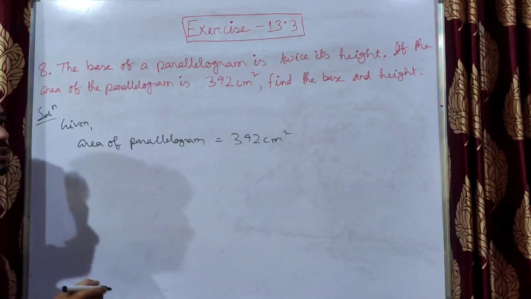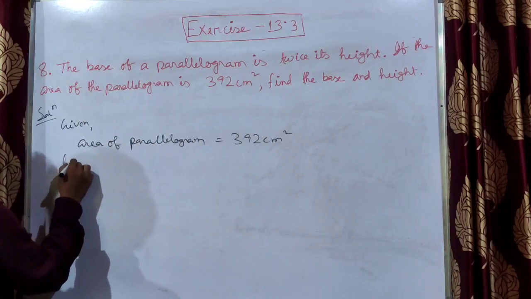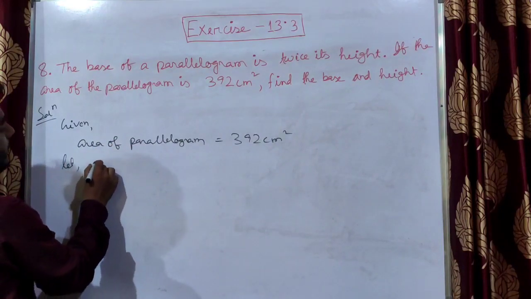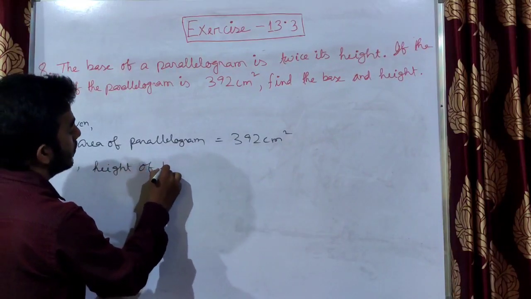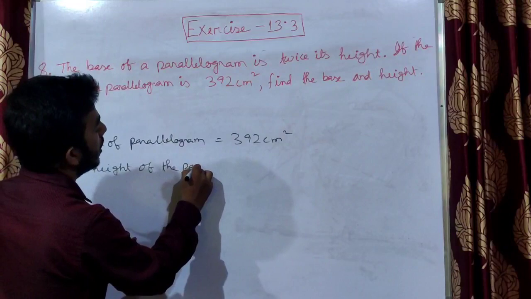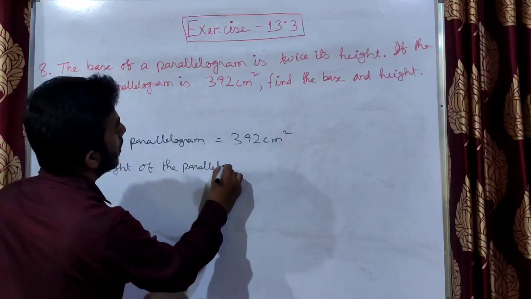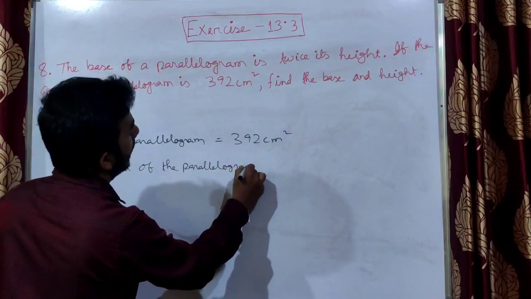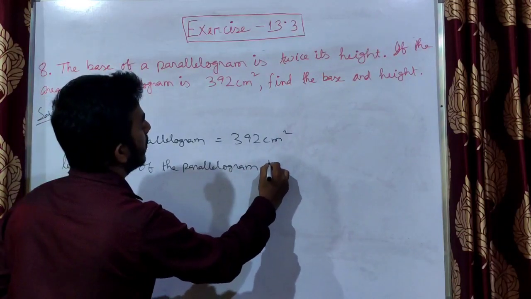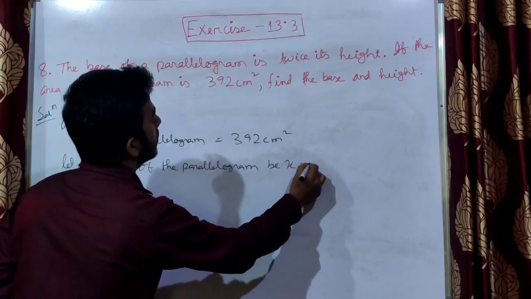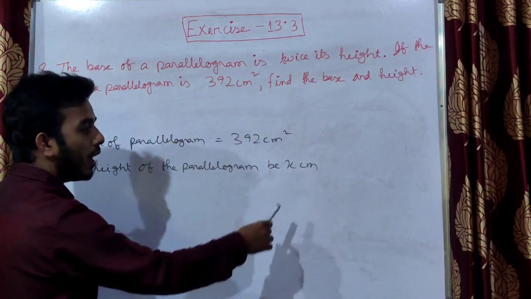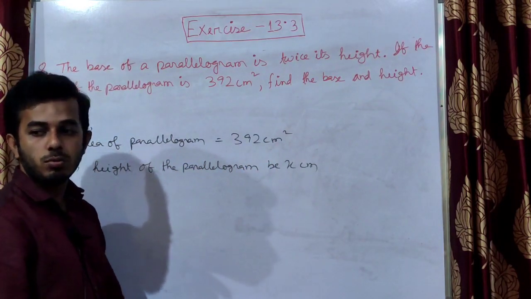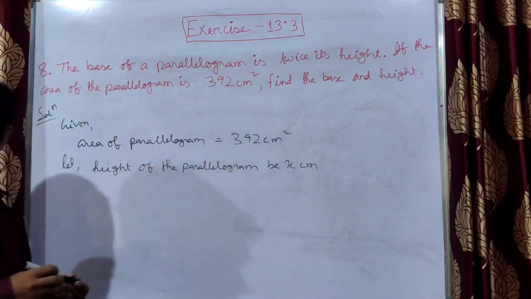Now we have to let height of the parallelogram be x centimeter. As the area is in centimeter square, so the height will be in which unit? It will also be in centimeter, right?